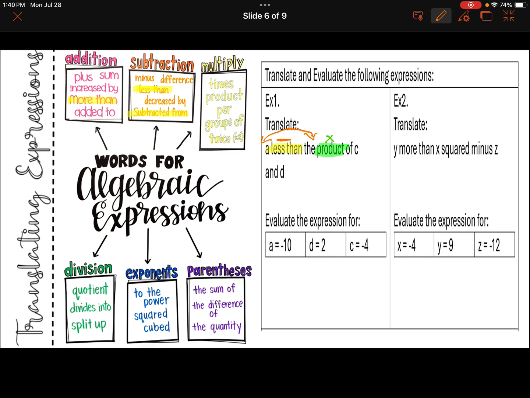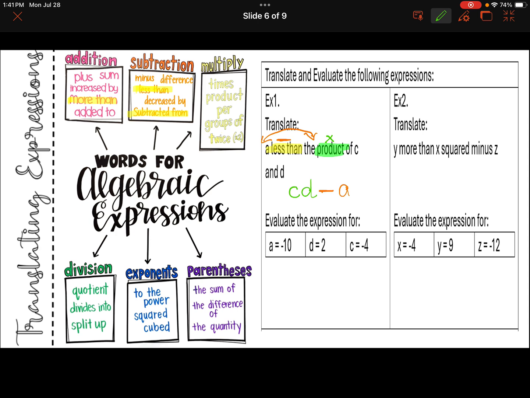So even though A comes first, I'm actually going to put a minus A at the end. And then it says the product of C and D. And when we're doing algebraic expressions to show multiplication, you just write the two letters next to each other. You do not need to do any sort of a symbol. Everyone knows CD means C times D.